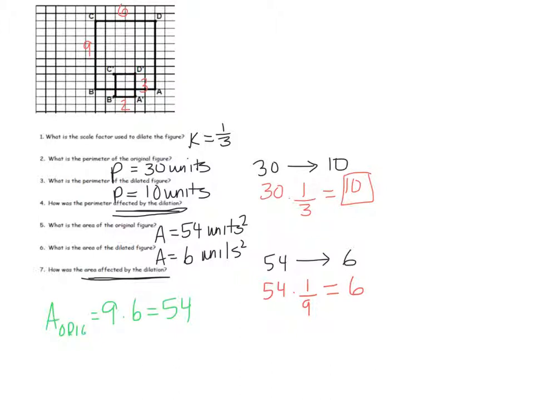How did we find the area of the image? Well, that was 3 times 2, right? Or, go with me on this, 9 times 1/3. That's the 3, right? And then 2, or 6 times 1/3.